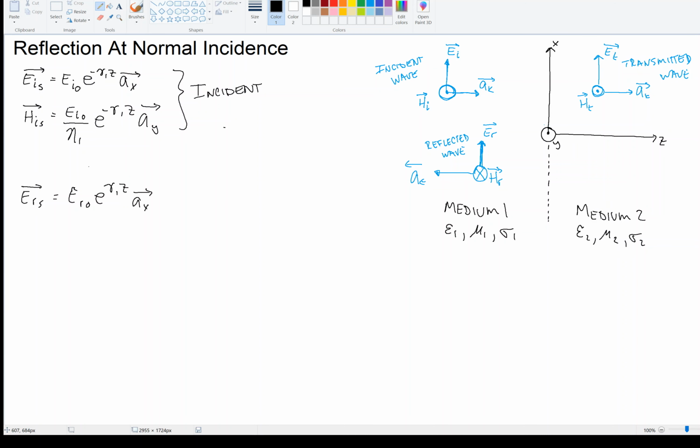But we know that in the reflected wave, the electric field is still going to go in the positive x direction, and the magnetic field is going to go into the page, so it reverses direction, negative. And again, divided by eta 1, so this is a little bit of complex arithmetic.